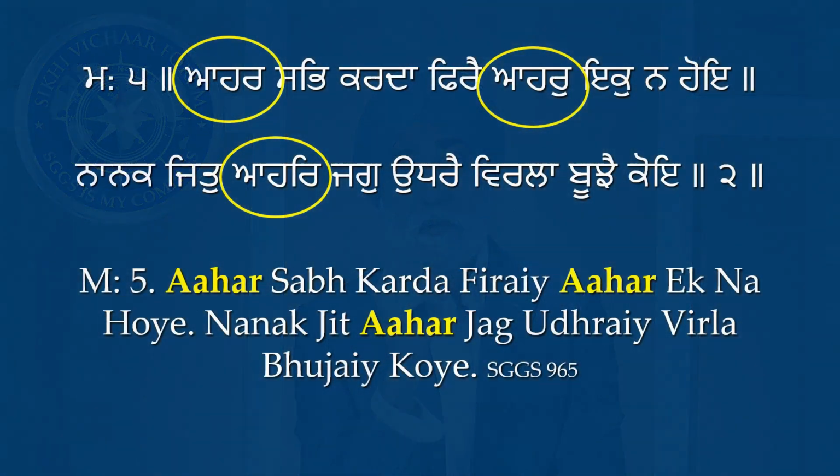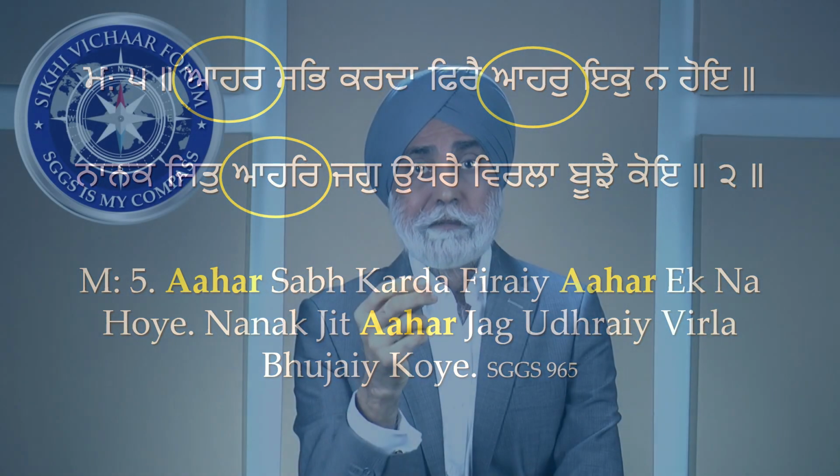All 3 versions have the same pronunciation, but the grammar of each word is different. The addition or removal of an onkad and addition or removal of a sihari affects and changes the grammar of the word. The second ahar with an onkad is singular.